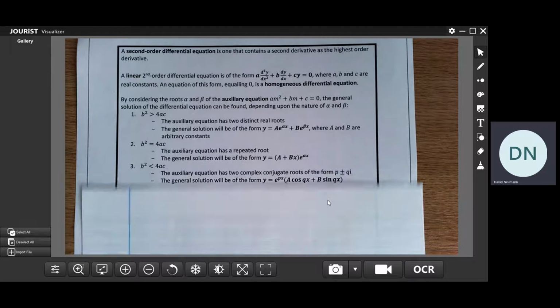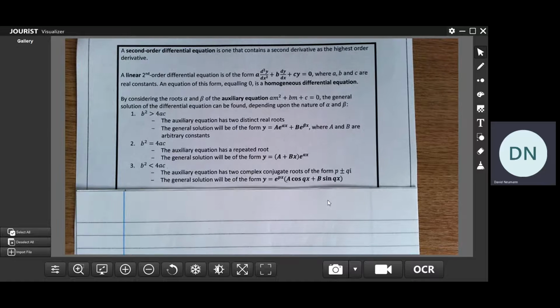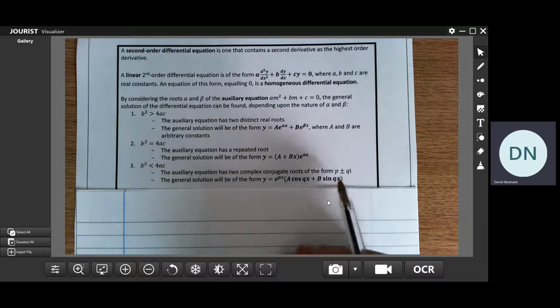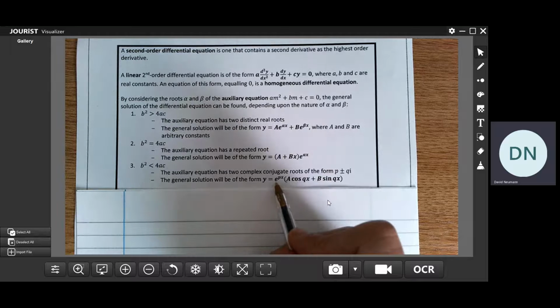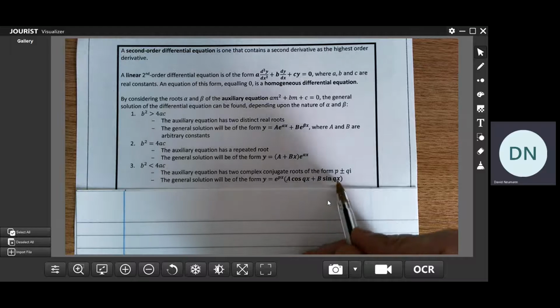If it's got two complex roots, so if b squared minus 4ac is less than 0, then we have to use them like this. If our roots are in the form p plus qi and p minus qi, then our general solution is in this form: e to the px times a cos qx plus b sin qx.